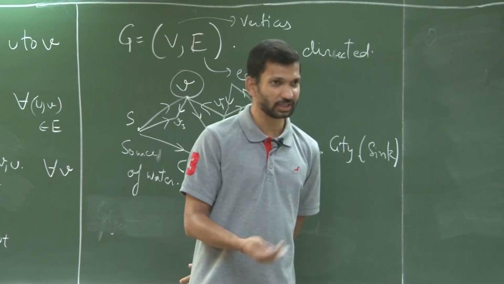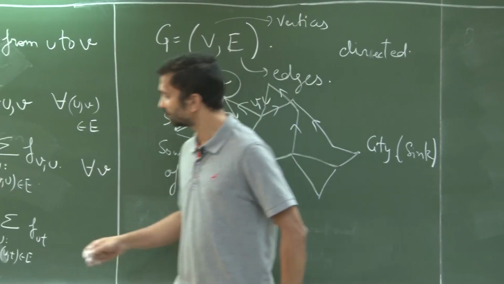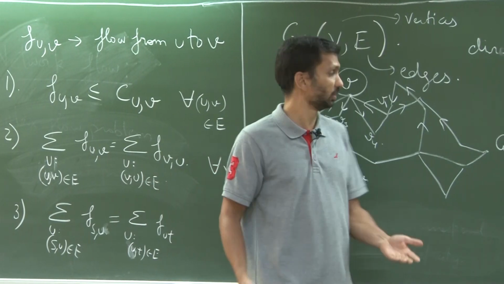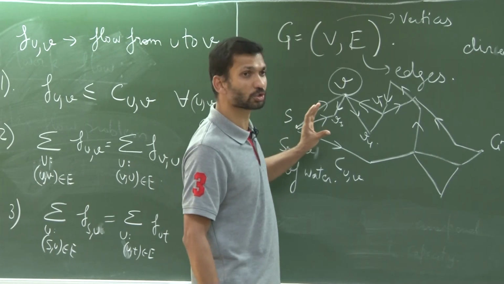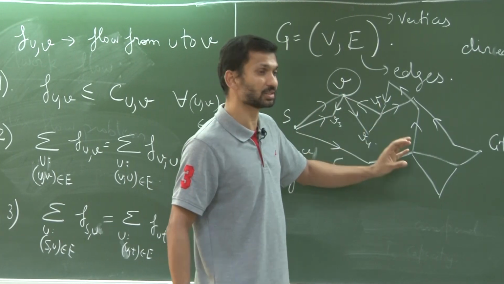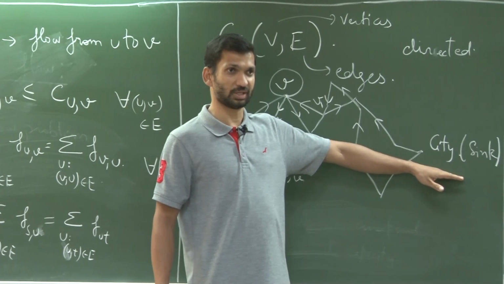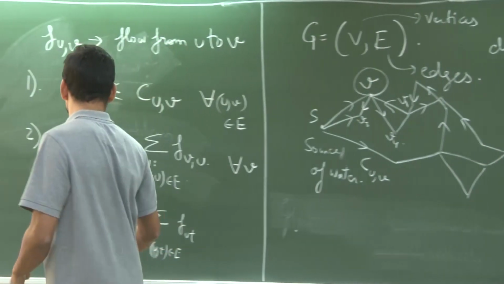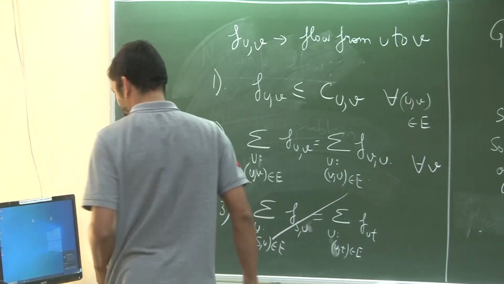Since the flow is already conserved, everywhere there is no flow leaving or staying, so if I am pushing 10 units of water, it can't stay anywhere else, so it has to go to the sink. So it is just part of the second constraint in some sense. So I will not put it explicitly.